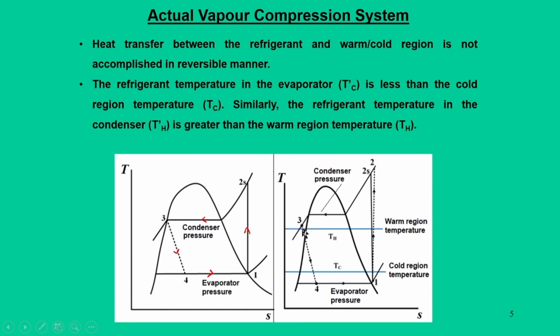The refrigerant can come back to subcooled regions, which in the actual diagram is represented by state 3 here. So, in this way the refrigerant can be in a subcooled situation.